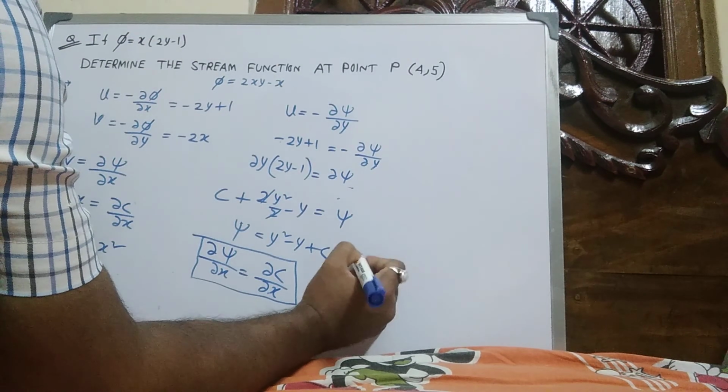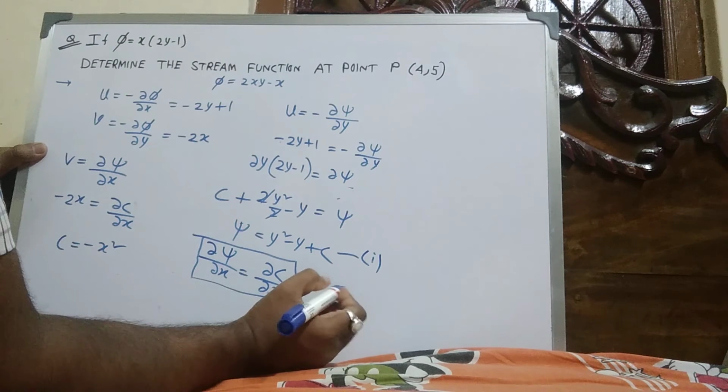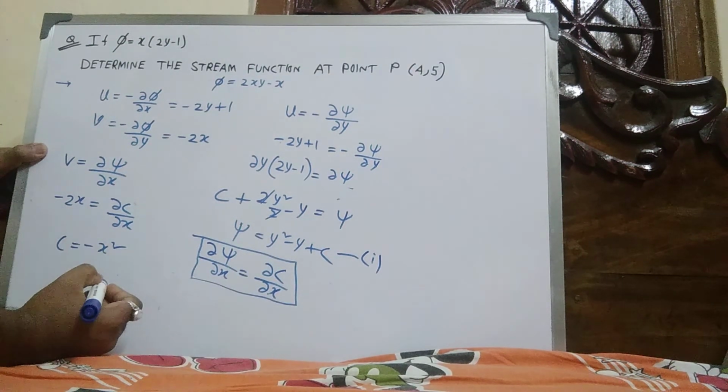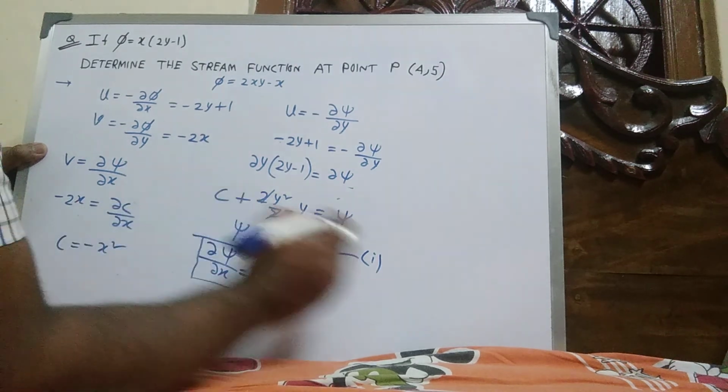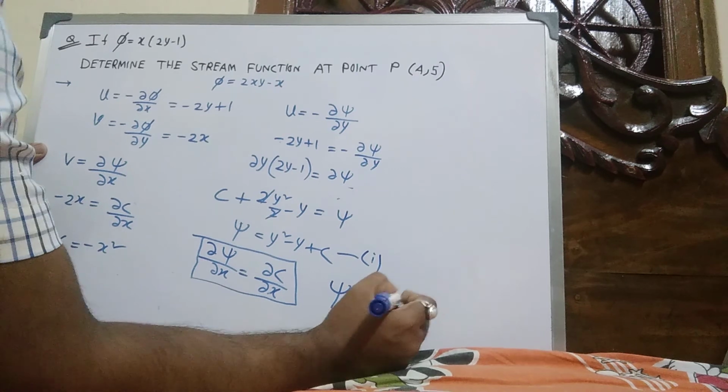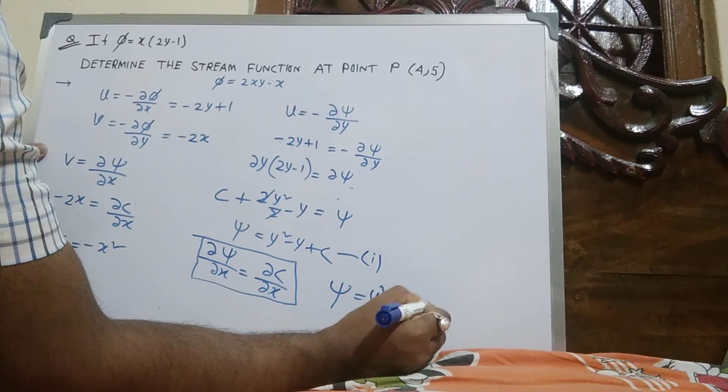Put this in equation 1 and we get the value of c. We got psi equals y square minus y minus x square.